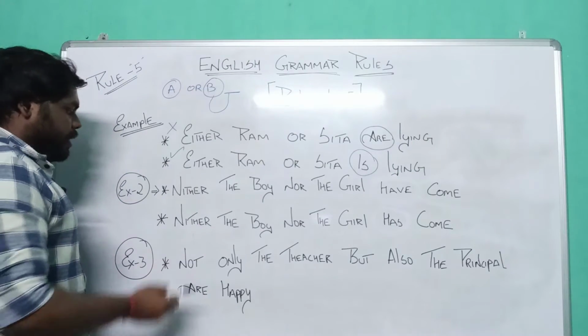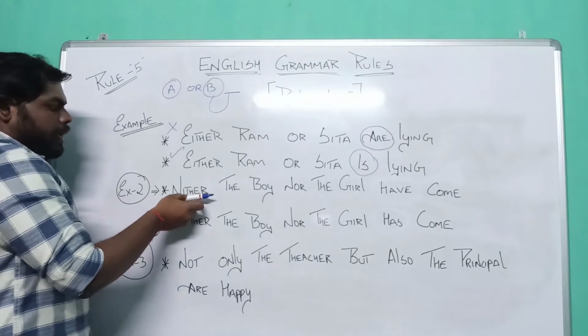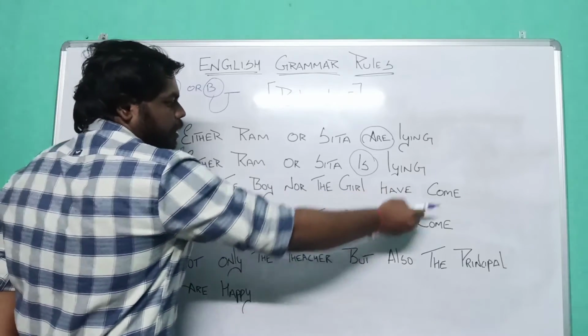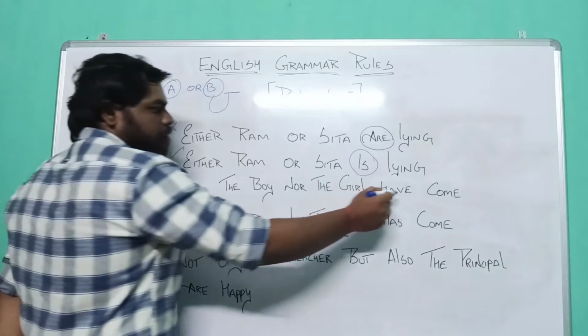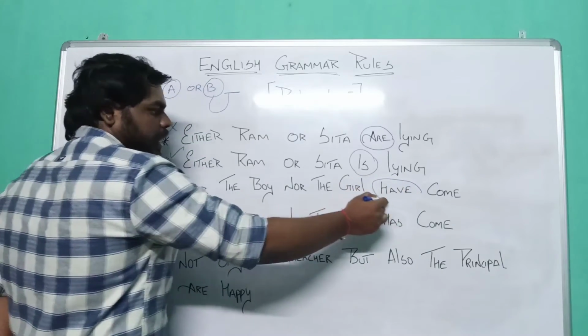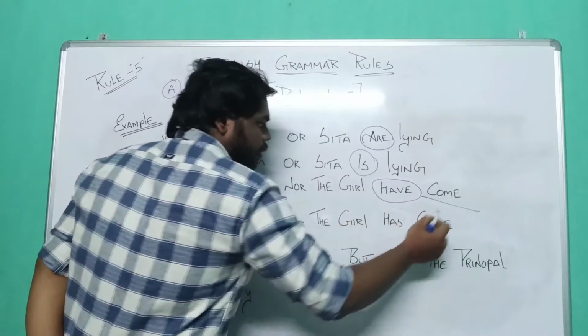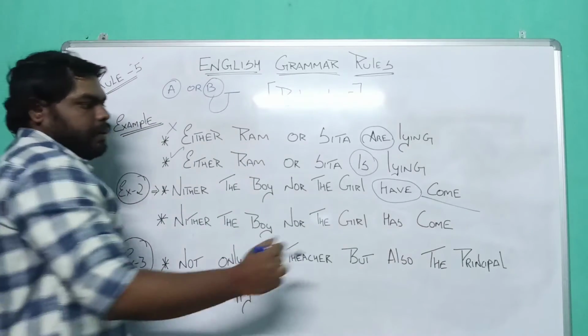Now let us see example 2. Neither the boy nor the girl have come. But before seeing it, we may have a doubt whether have is a plural or a singular verb. It is a plural verb.